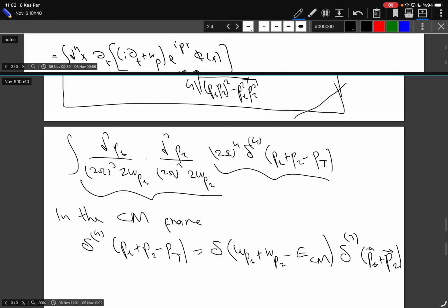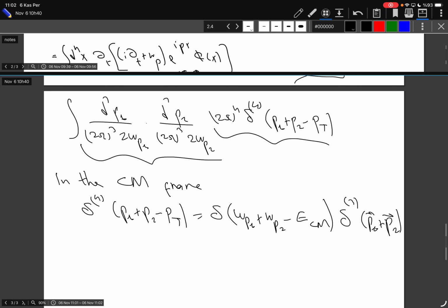So now I can evaluate the three of those momentum integrals, which will give me 1 over two pi squared. I just simplified all the 2 pi factors.